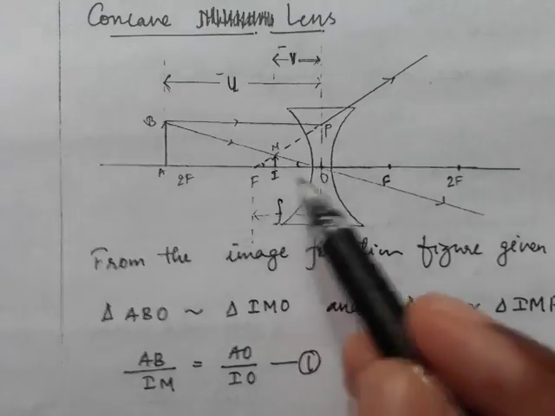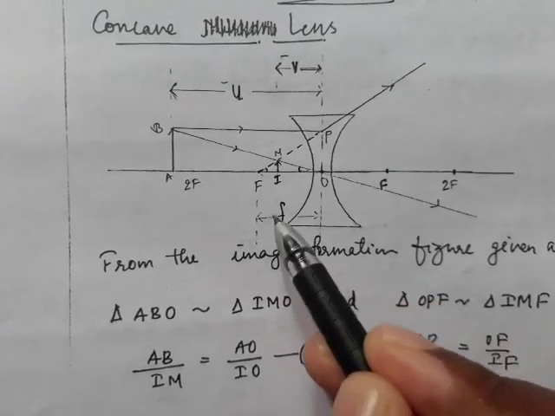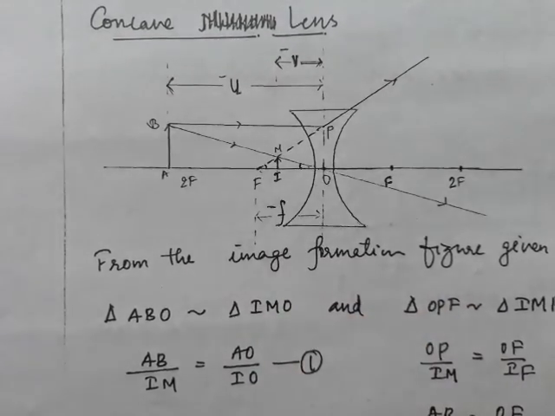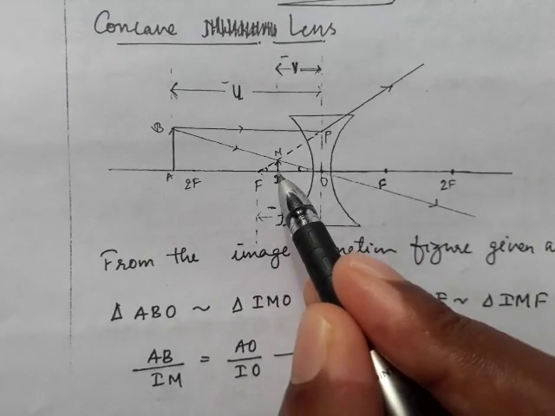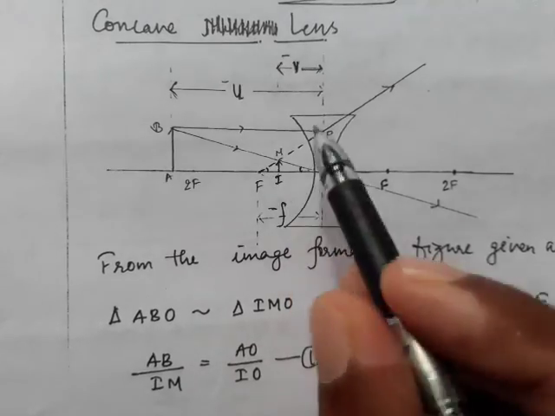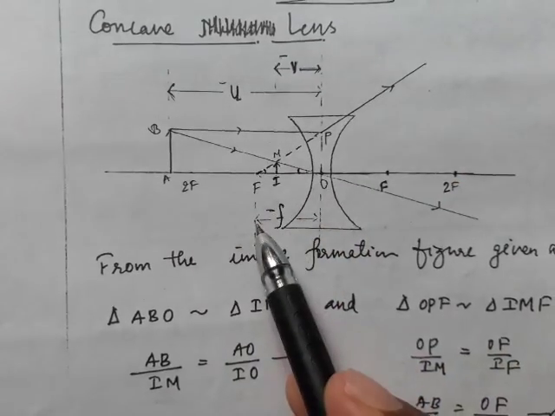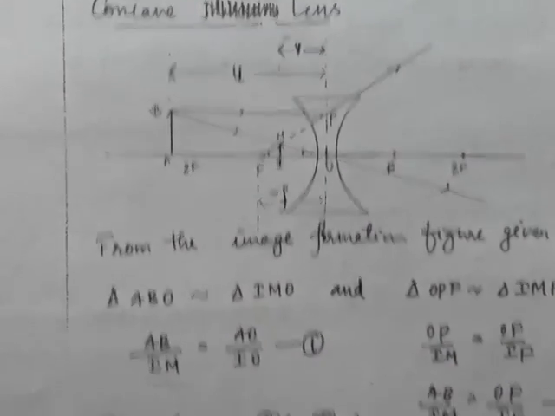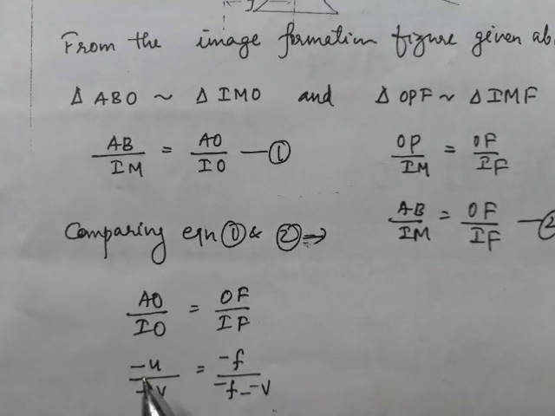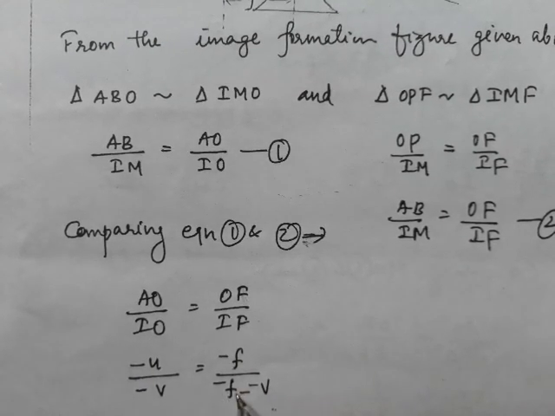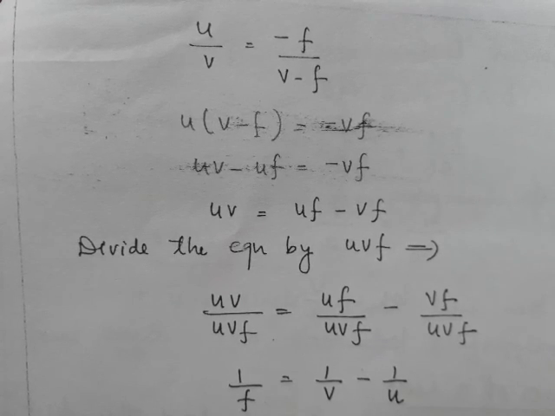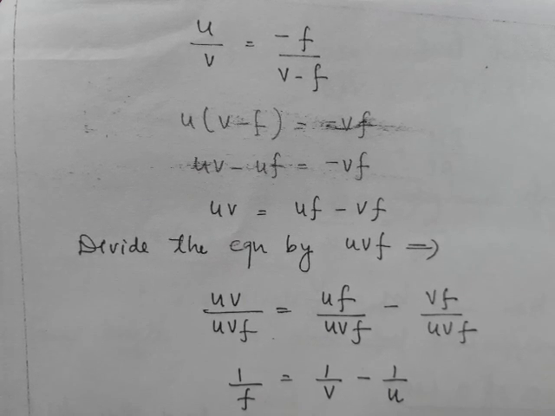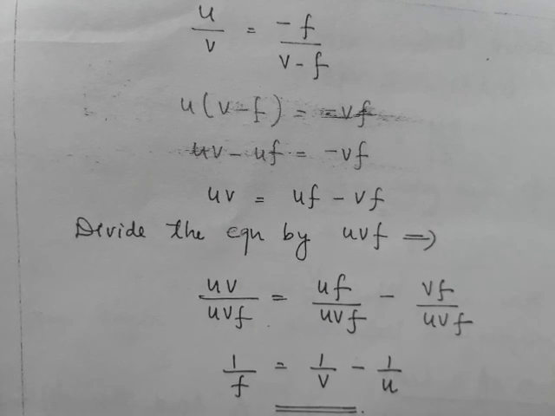Then OF, considering the sign, is also negative. Focal length it is. Then comes IF. IF is this difference, that is minus V minus F. So all that substituted here: minus V by minus U is equal to minus F by minus F plus V. Again, like in the previous case, cross multiply, divide by UVF, and you get the same equation.